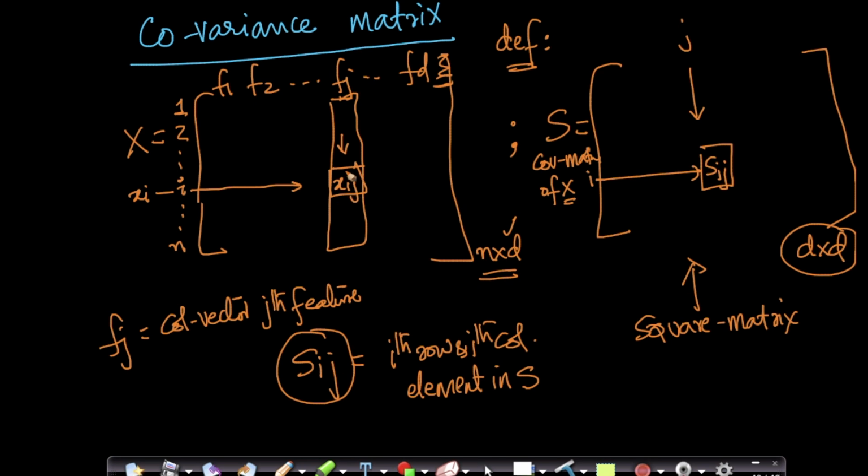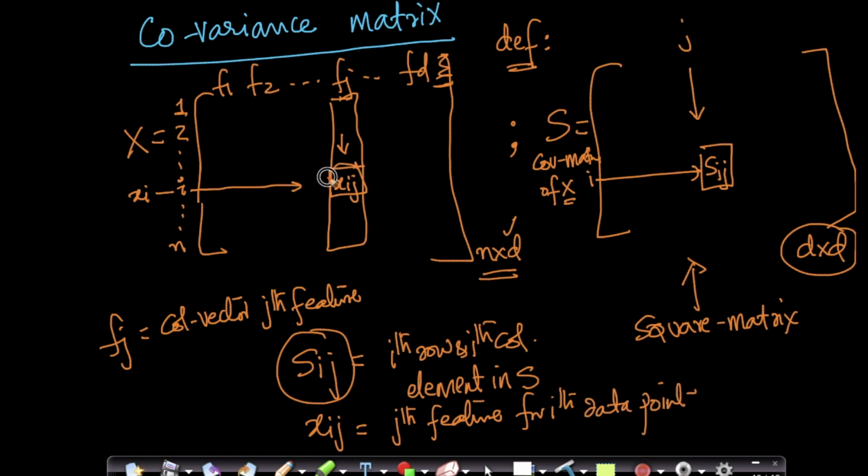Xij means the jth feature for the ith data point. I'm just introducing this notation so that writing the math becomes easy. So Xij means, for the ith point, I'm looking at the jth feature. And whenever I say Fj, it is the column vector corresponding to the jth feature.